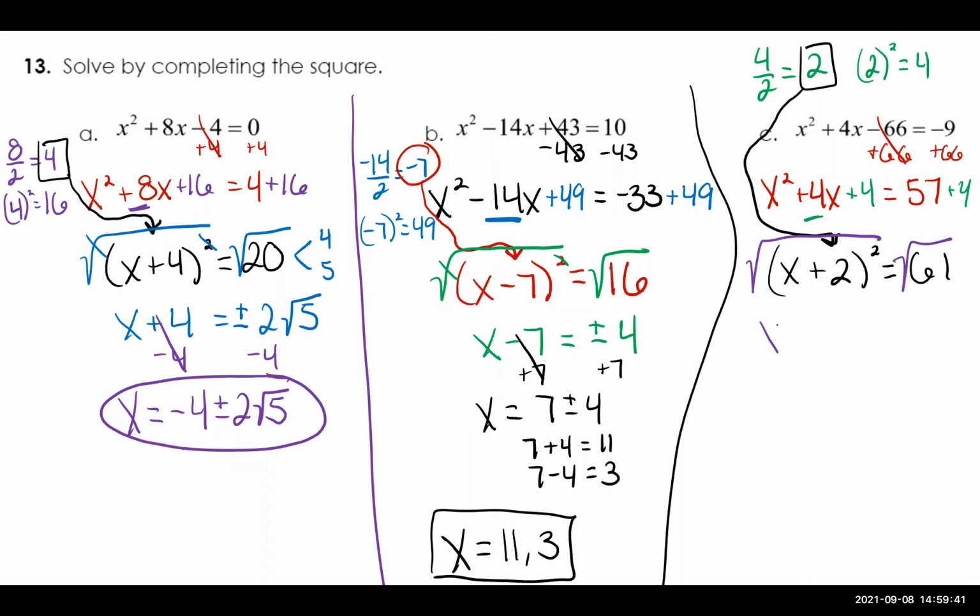So we're left with x plus 2 equals plus or minus, and 61 is not a perfect square, nor does it have a perfect square that goes into it. So we just leave it as the square root of 61. And then we will subtract 2 from both sides to get x by itself, and that is our final answer.